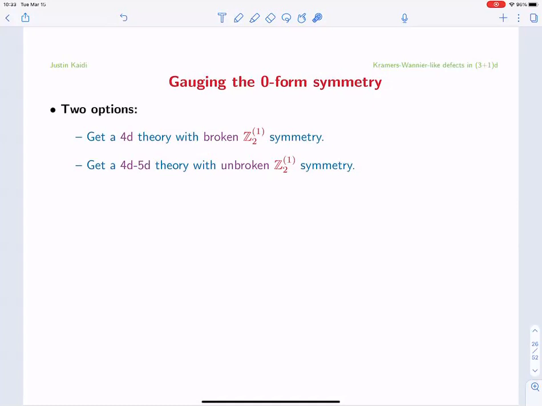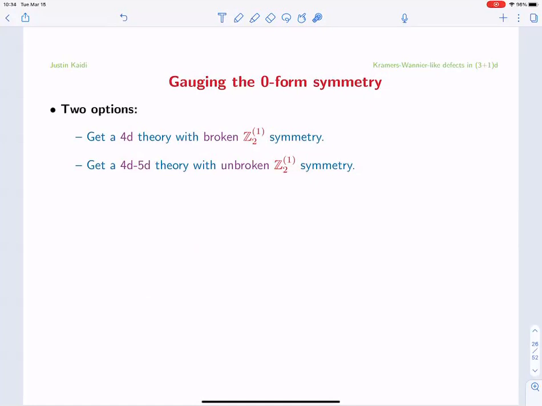But we're also probably pretty familiar with the second interpretation, which is that I can think of the theory as a coupled 4D, 5D system, where the 5D is this inflow theory that we had. And if I couple the system to this 5D bulk, then I can actually preserve the Z2 one-form symmetry. Okay, so these are the two standard options.